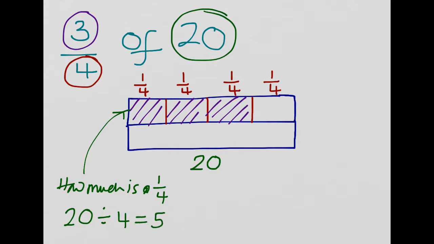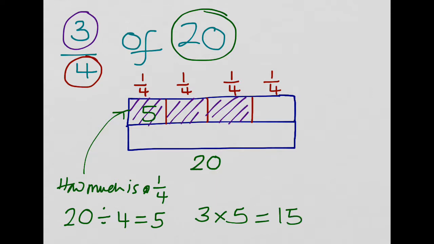So I now know that there is worth 5. I'm going to write that on to help me. That there is 5. So how do I work out what 3/4 are? Well, if 1/4 is 5, then the next one is 5, the next one is 5. I want 3 of those. So I can do 3 multiplied by 5 equals 15.